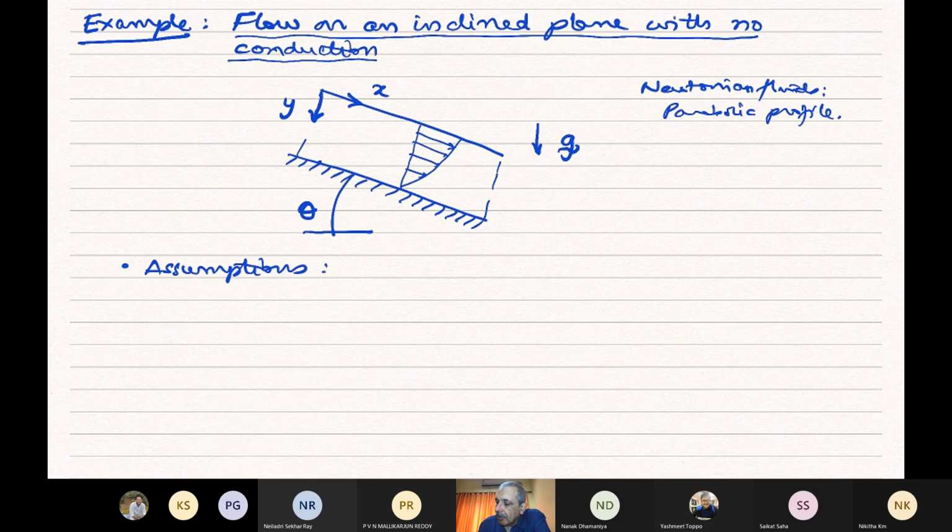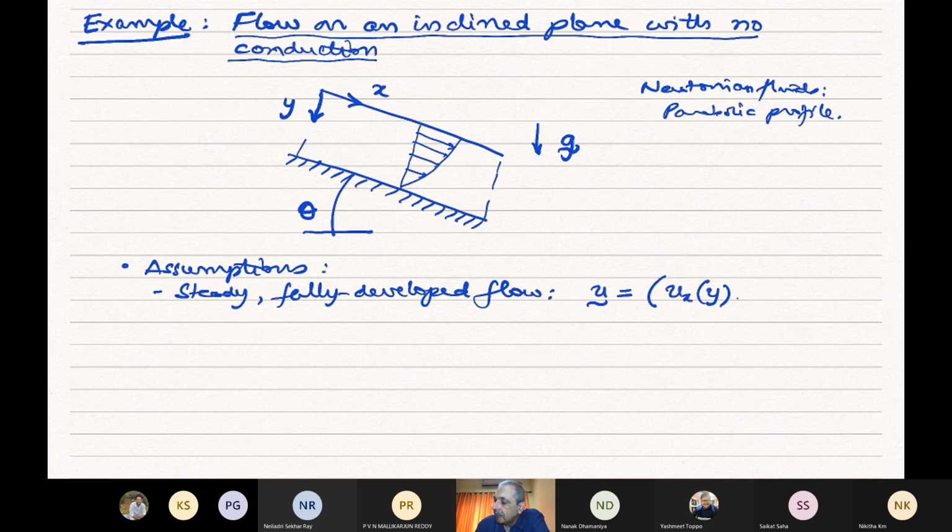So the first thing is that we'll assume steady, fully developed flow. And so that means that our mean velocity has only one component, ux, and it depends only on y. And uy and uz are both 0.